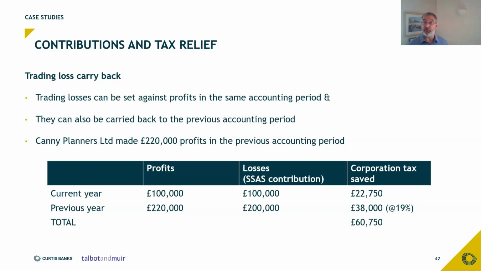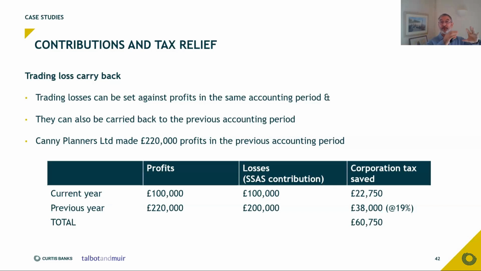Assuming we can carry the £200,000 loss back, what profits were posted for the previous accounting period? In my example, £220,000. We can set the loss against last year's profits, reducing the company's profits retrospectively for last year by £200,000. Last year, the rates were 19%.